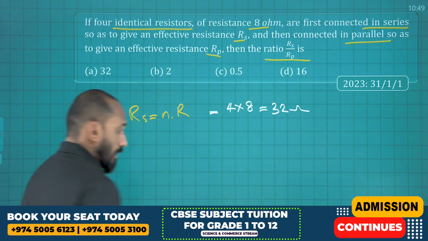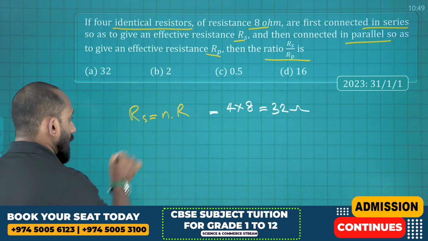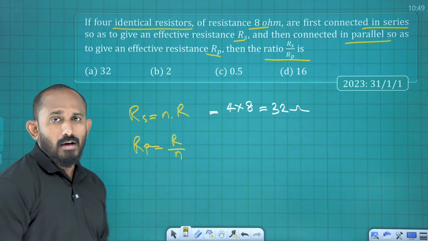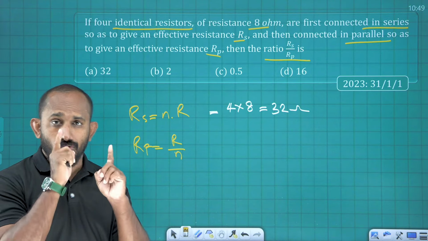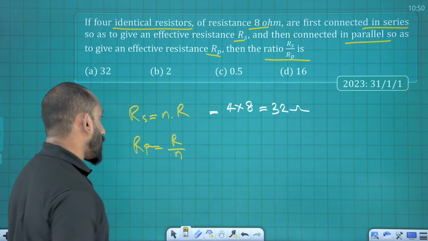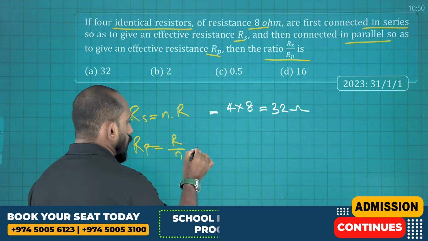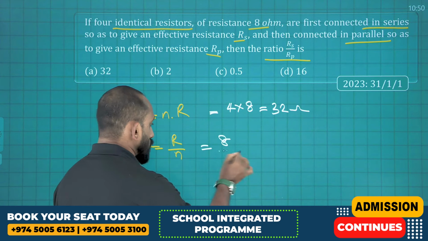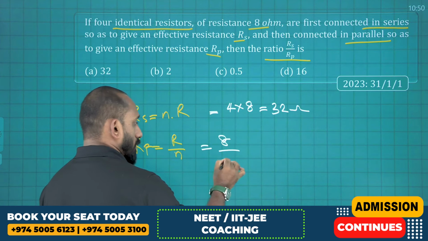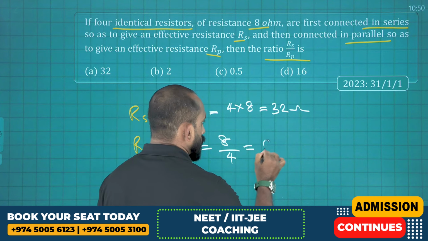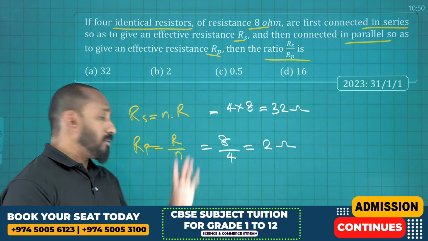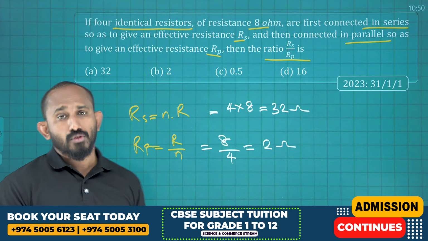Now, if you connect them in parallel, for identical resistances RP is equal to R by N. Value of one resistance divided by the total number. Value of one is 8 ohm, so in parallel it will be 8 by 4, that is 2 ohm. So in parallel we have 2 ohm, and in series we have 32 ohm.